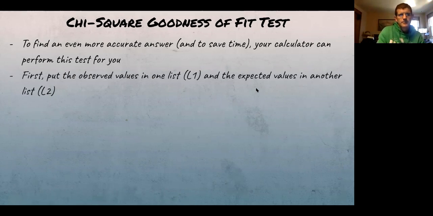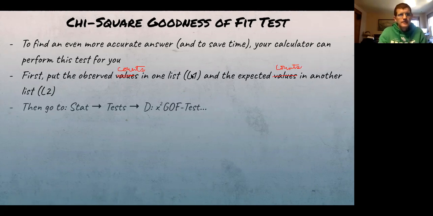We're going to put our observed values. I'm going to run through the process, and then I'm going to go back to the data set so you can plug it in. So we're going to put the observed counts in list 1 and the expected counts in another list. And then you can navigate, and I encourage you to do this right now.